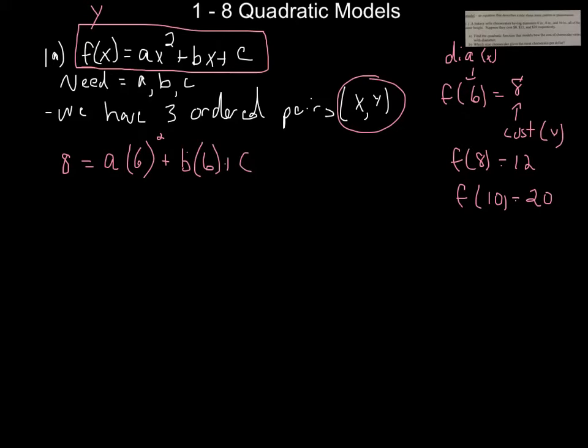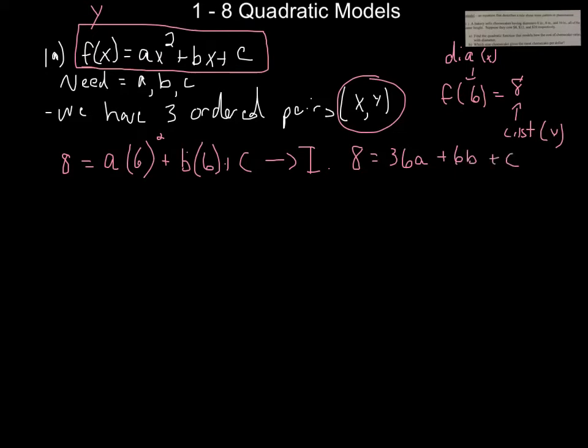I'm going to clean that up just a little bit. How does it clean up? That's equation number 1. Here it is. I'm going to erase this ordered pair so I got a little bit more room. 8 equals 6 squared is 36a plus 6b plus c.